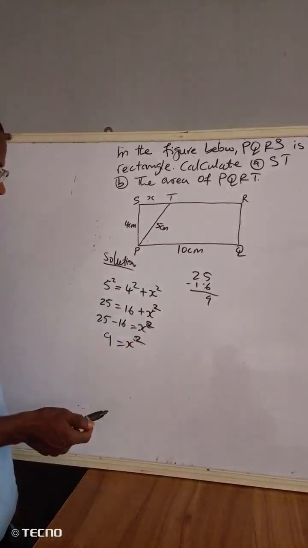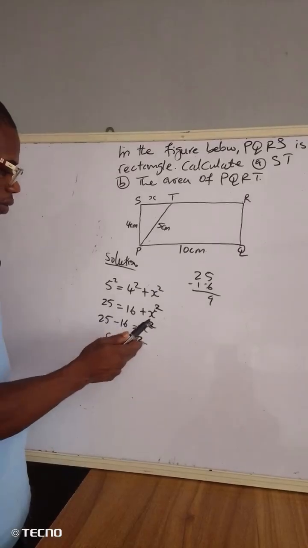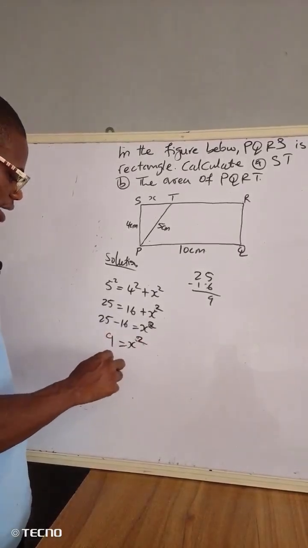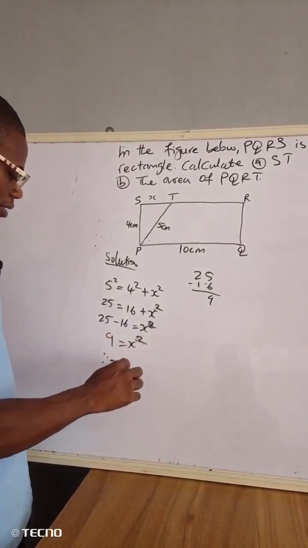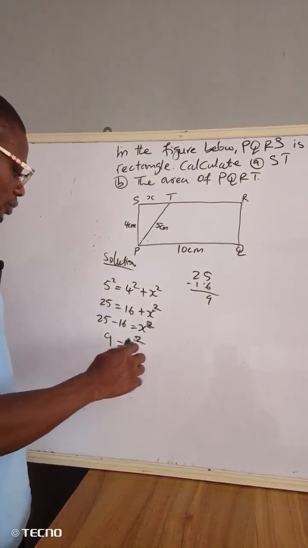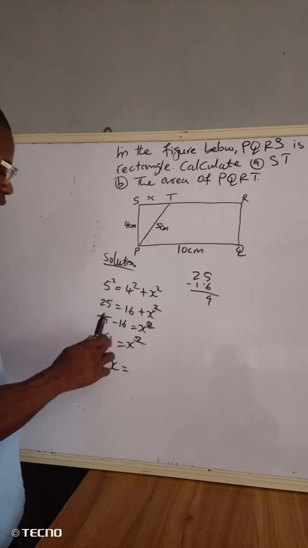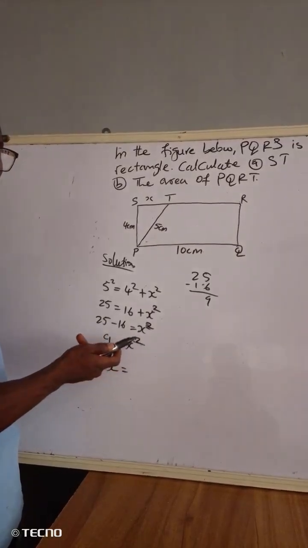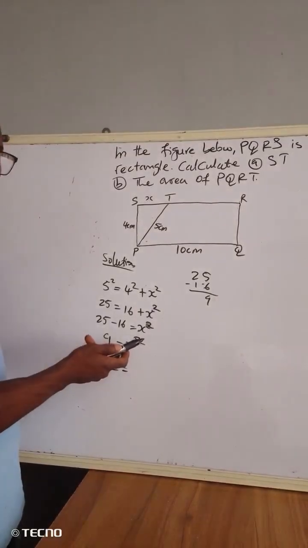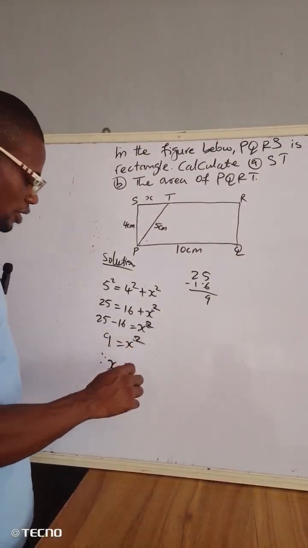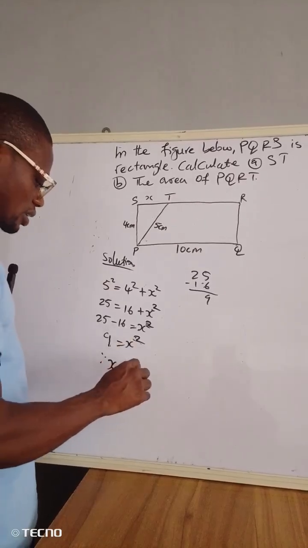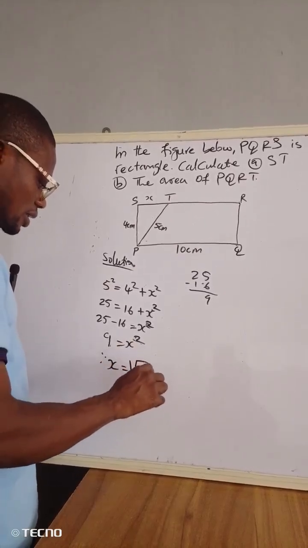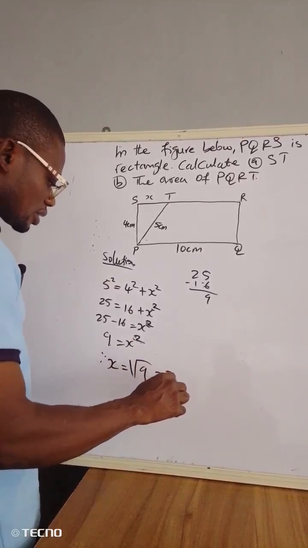Then, to get s, we take the square root of both sides. If you take the square root of both sides, you have my x, and that will give us 3.